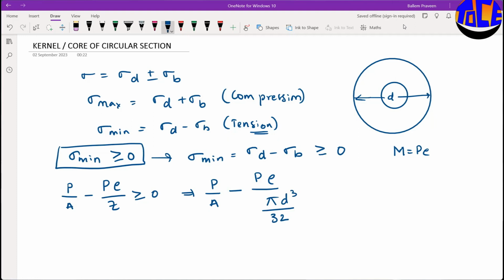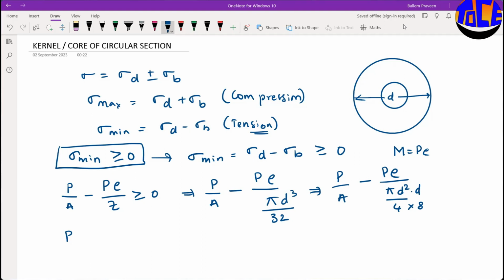We can rearrange this equation as P by A minus PE by, so we can write this as P by pi d square by 4 times d by 8, so 4 times 8 is 32. So we can write like this, and here we can take P by A.